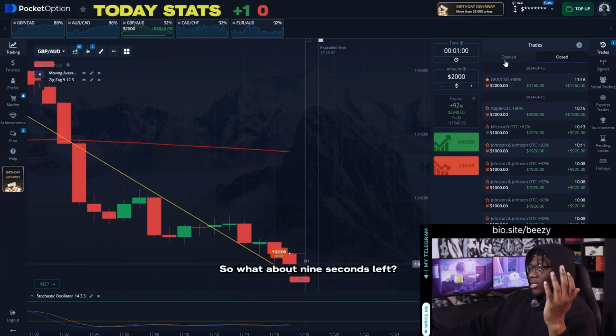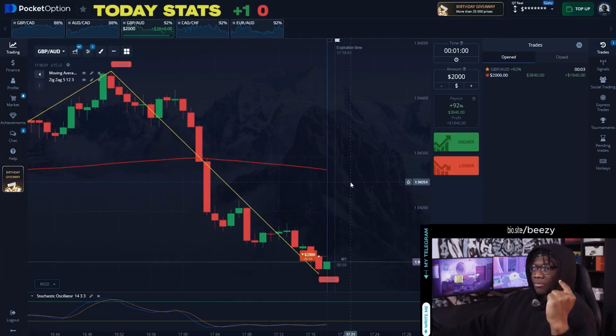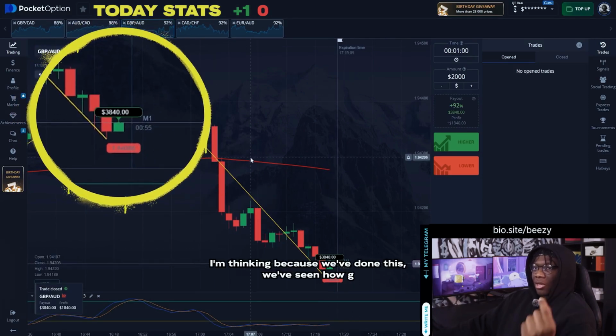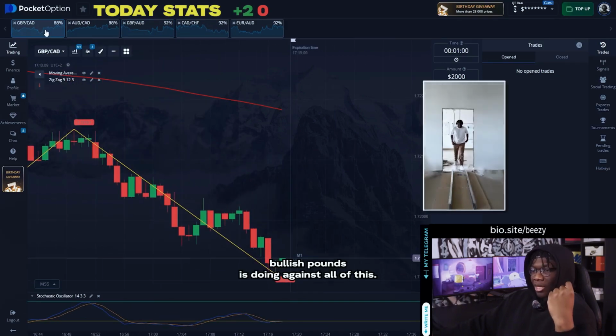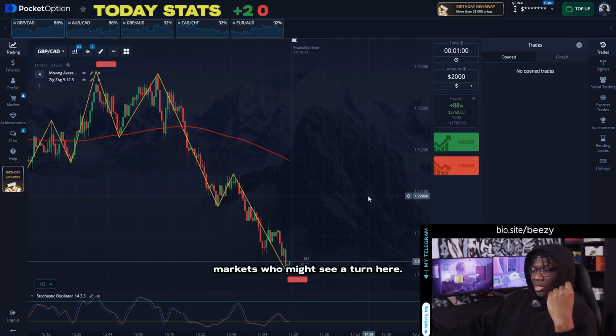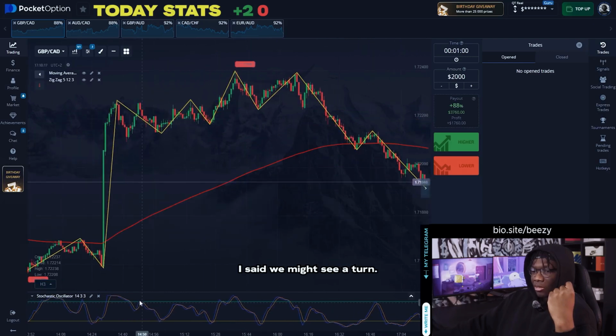So with about 9 seconds left, 6, 5, 4, 3, 2, 1. I'm thinking, because we've seen how our British pound is doing against all of these markets, we might see a turn here, I said. We might see a turn.